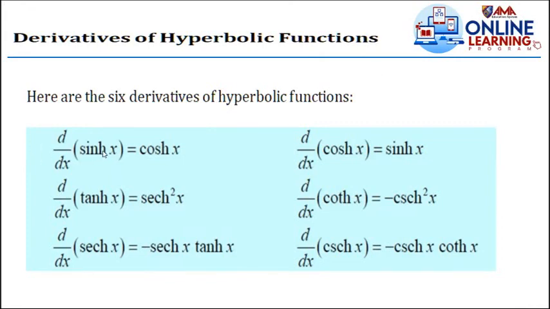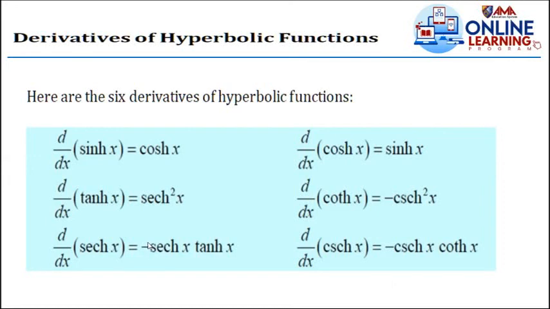Derivative of sine h, h represents your hyperbolic functions, is equal to cosine h x. Derivative of tangent h x equals secant h squared x. Derivative of secant h x is equal to negative secant h x tangent h x.